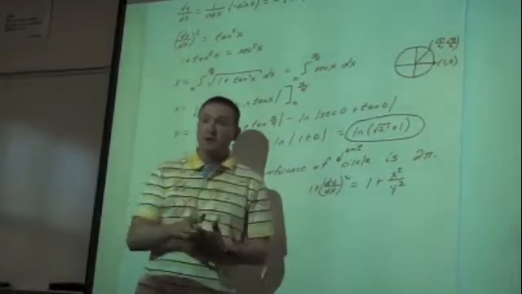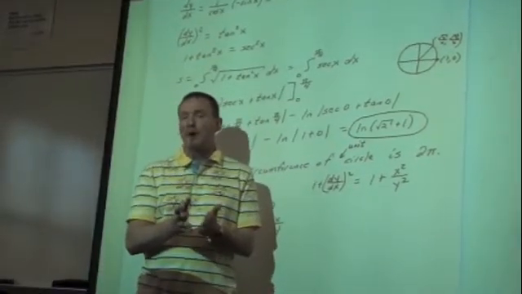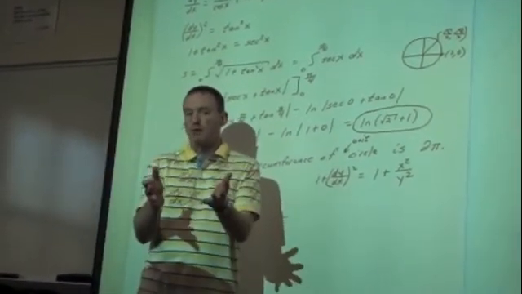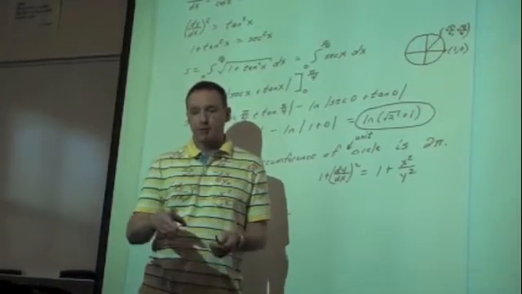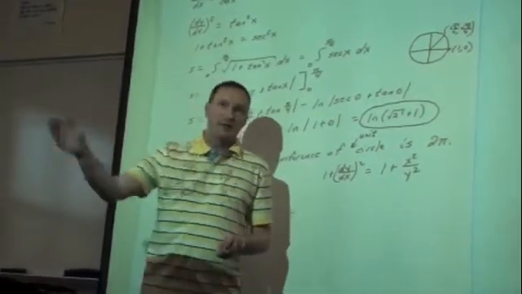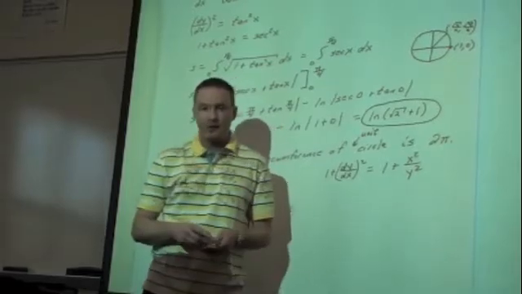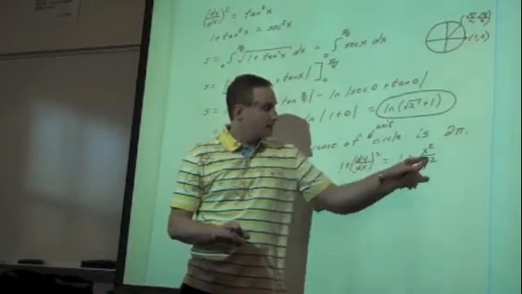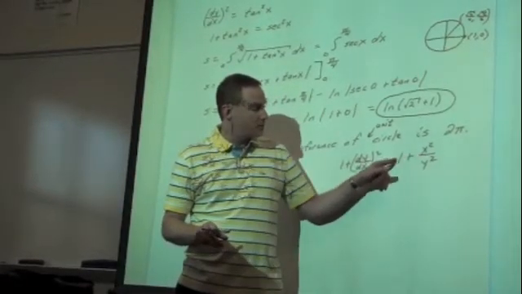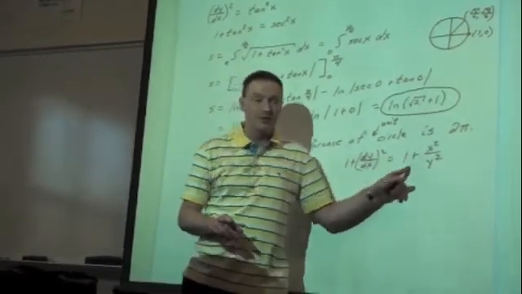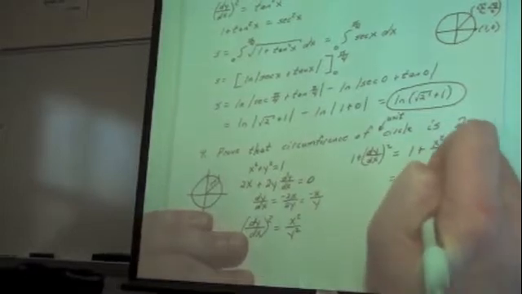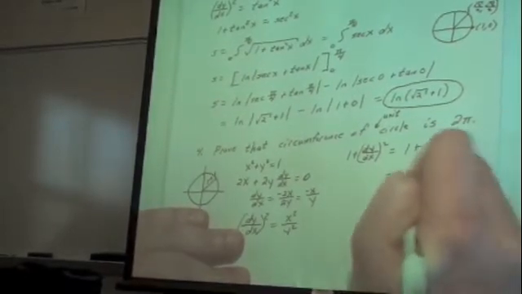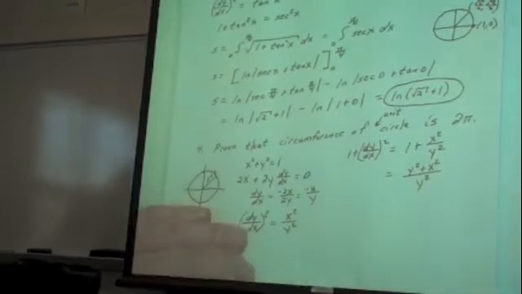Keep in mind it's probably quicker to work with this before you start the integration problem than once you start it and have to write the integral of all this and simplify it at that point. It's easier to go ahead and simplify it first. So if I want to simplify this, I could combine these fractions by getting a common denominator. This is y squared over y squared. So this is going to give me y squared plus x squared over a common denominator of y squared.